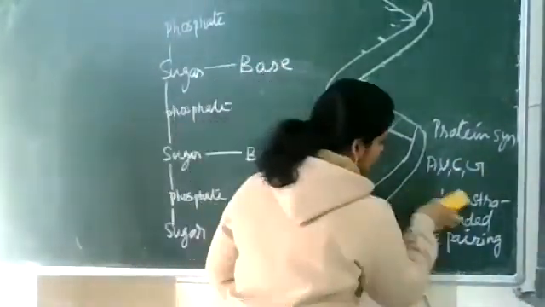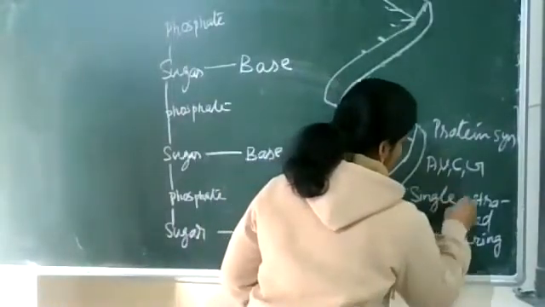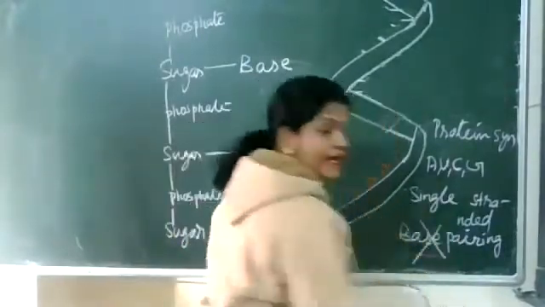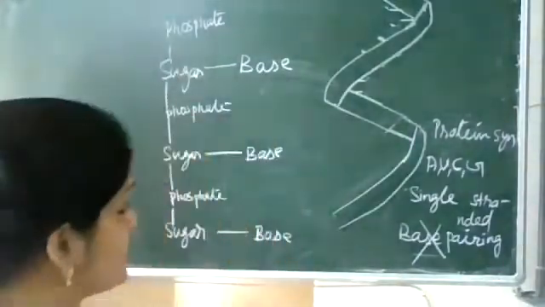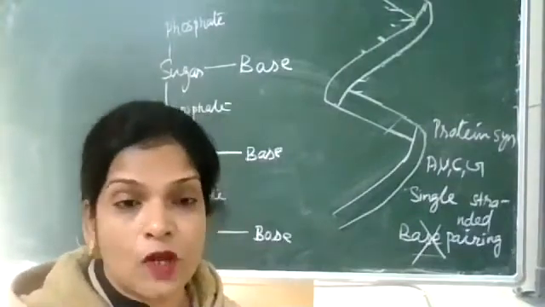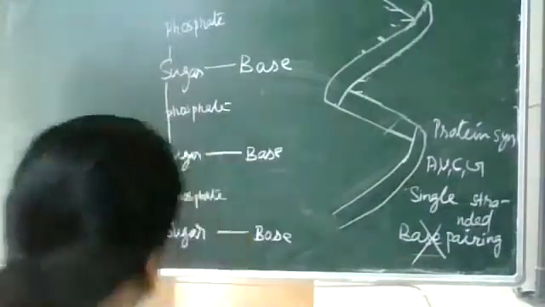This is single stranded. Base pairing is not there. So, when RNA is hydrolyzed, there is no relation between the various bases obtained.